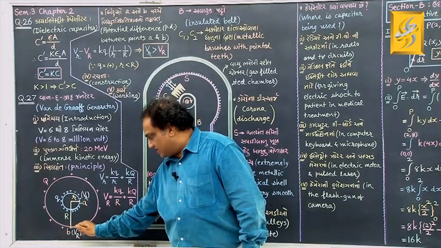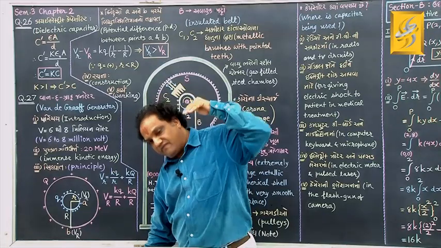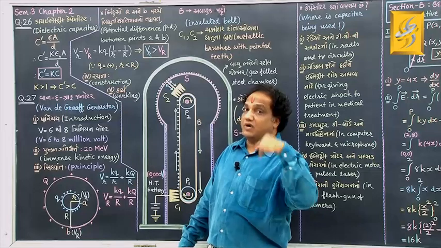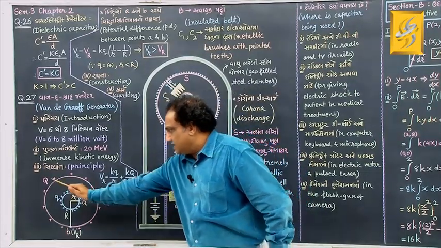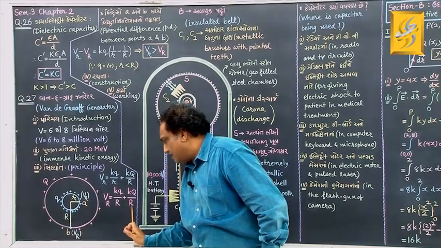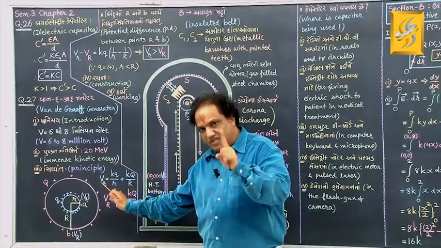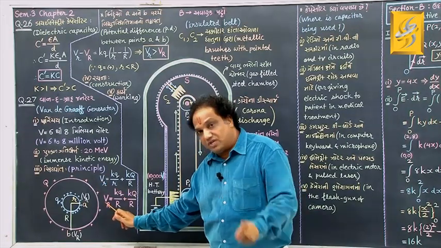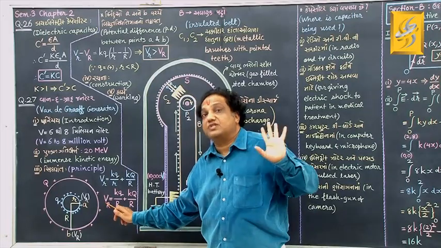This point is on the surface of this charged spherical shell. For a point on the surface of a charged spherical shell, the potential is K into charge upon radius, K into capital Q, and the radius of the big spherical shell is capital R. This is the total potential on the surface of the inside charged sphere, and this is the total potential on the surface of the outer charged spherical shell.